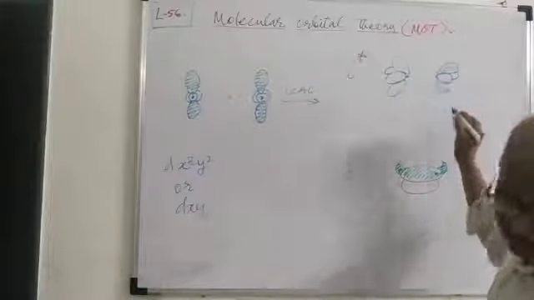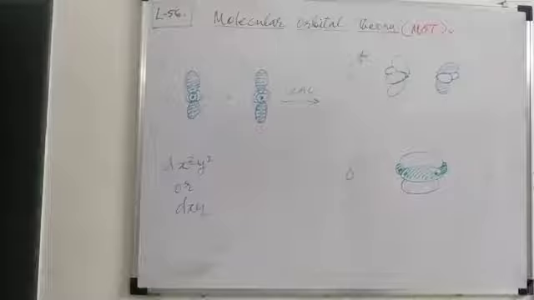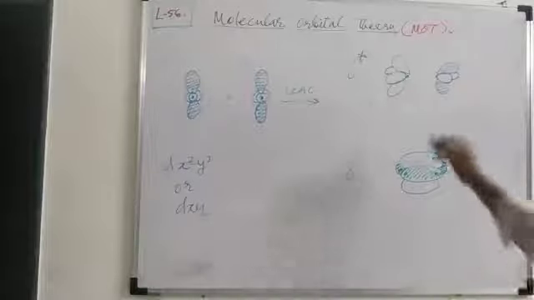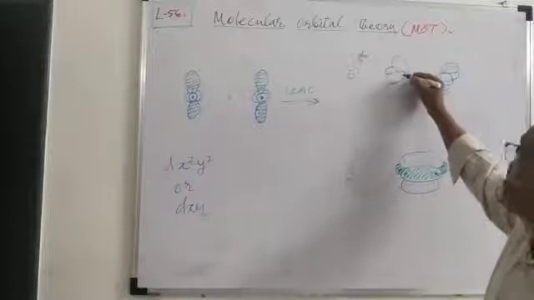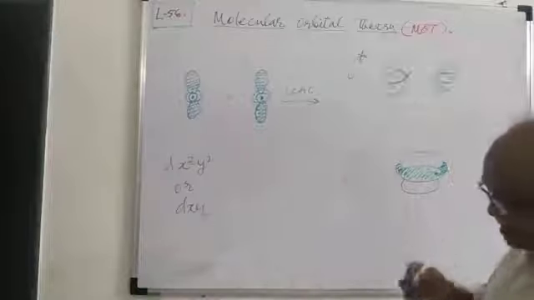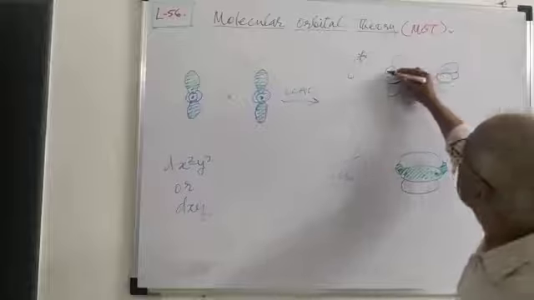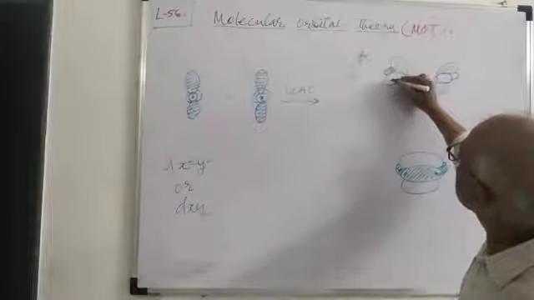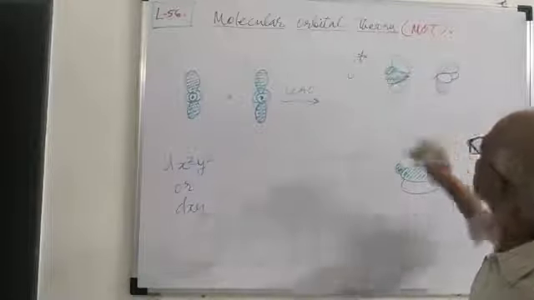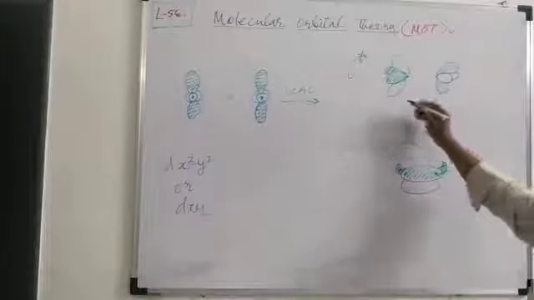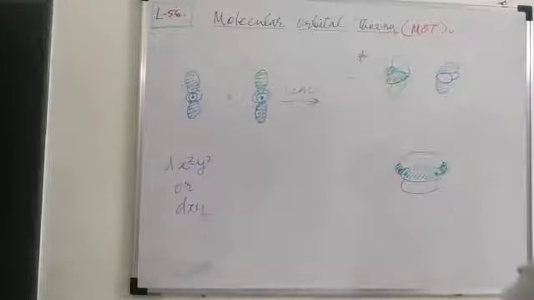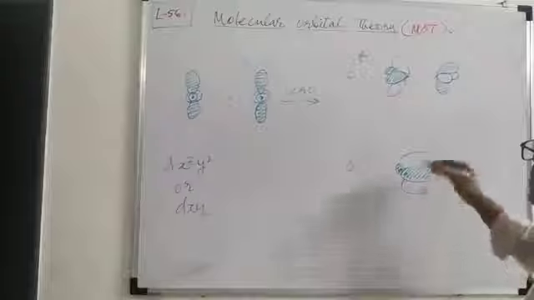Then this will have the positive sign, and here you will find that these lobes have opposite signs of wave function like this. So in this way, this gives us delta star, that is the antibonding molecular orbital.